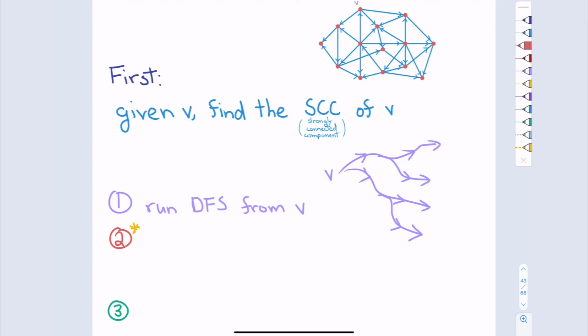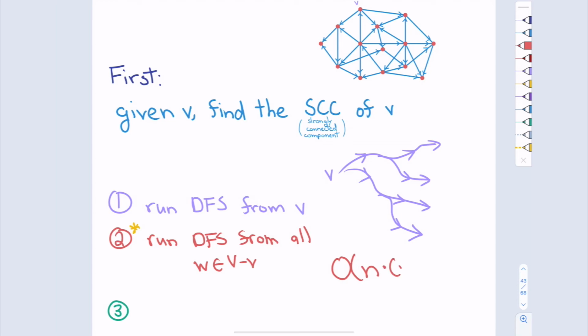We could run DFS from all other vertices W besides V, and see which of them can reach V. The total running time would be, I run DFS from every vertex, so we get something like M times N time. Can we do better?